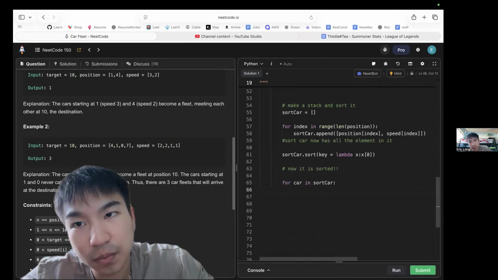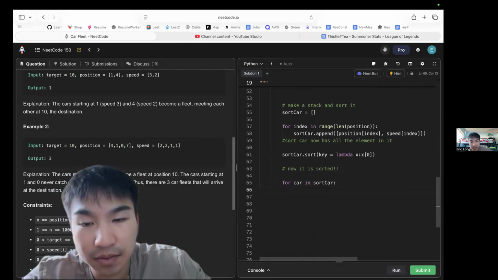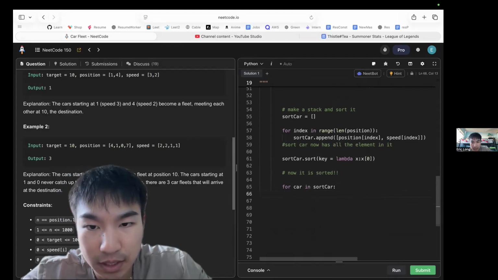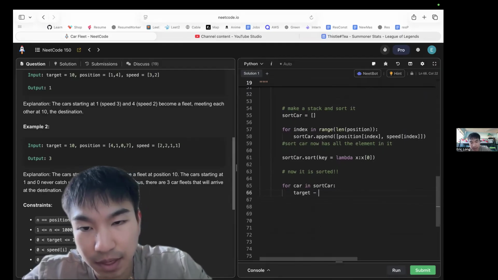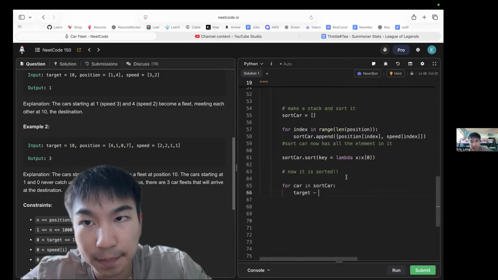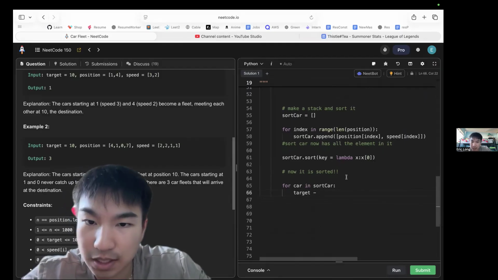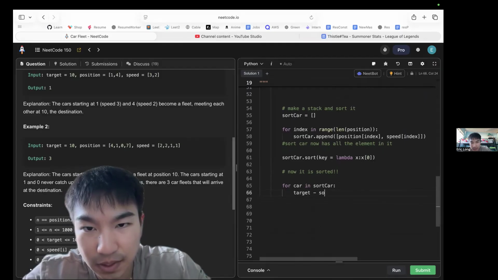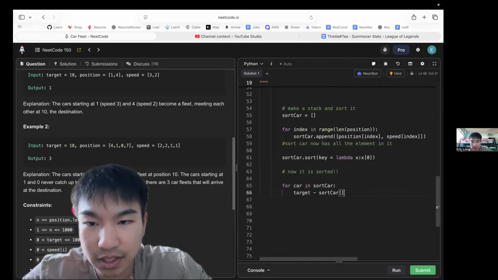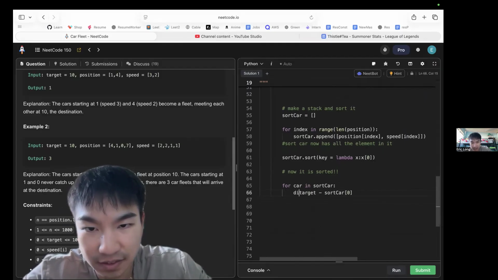Okay, we want to do the math. What was the math again? We get target minus the distance. What is the distance? The distance is the current position, so that would be sort car at position 0. Okay, distance left.